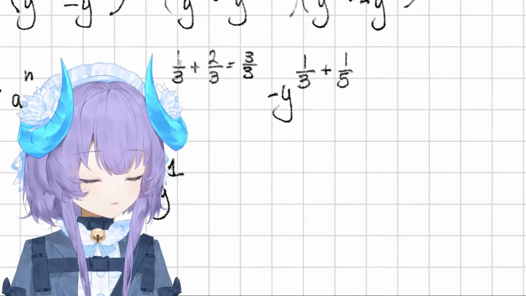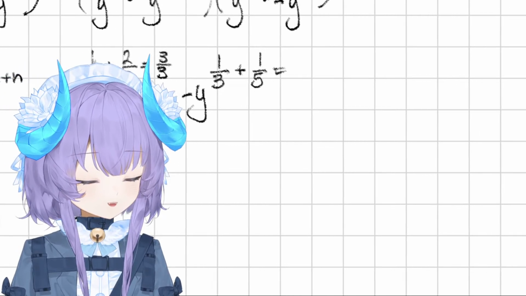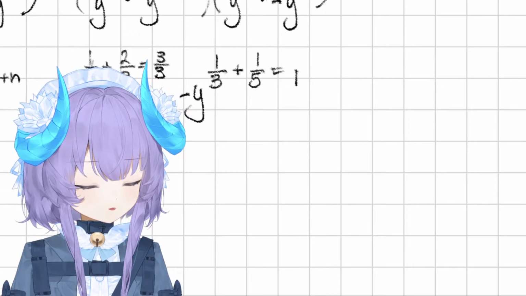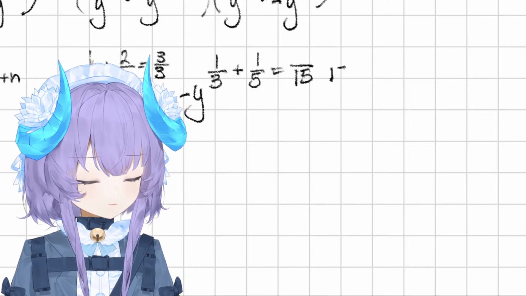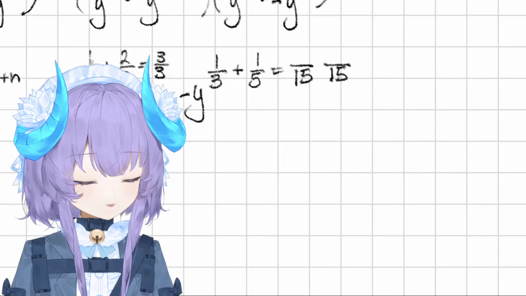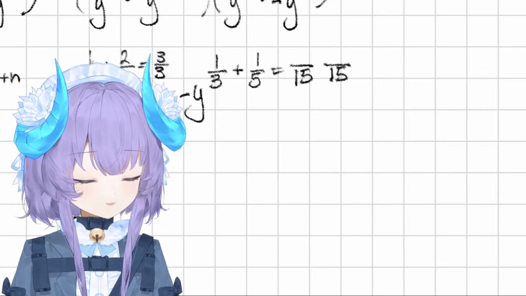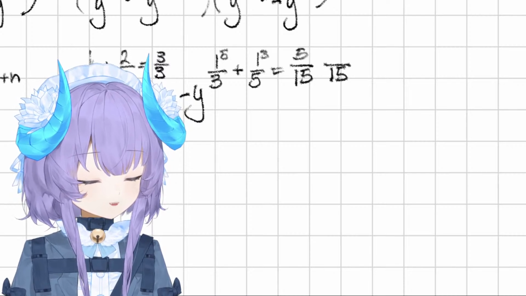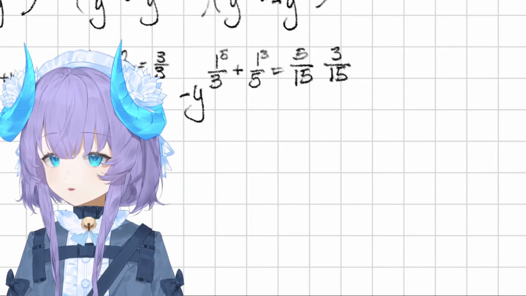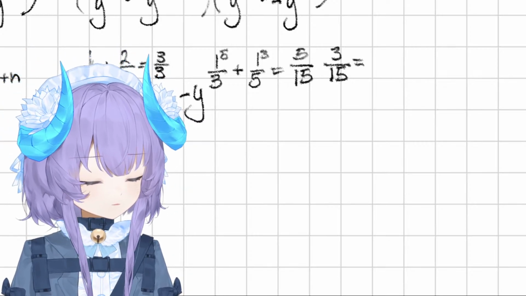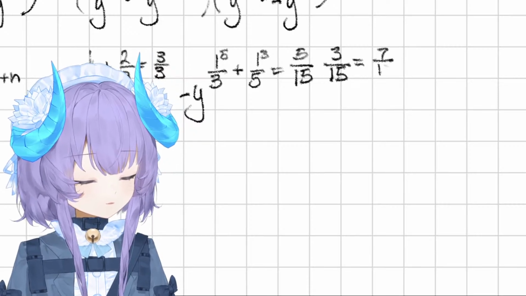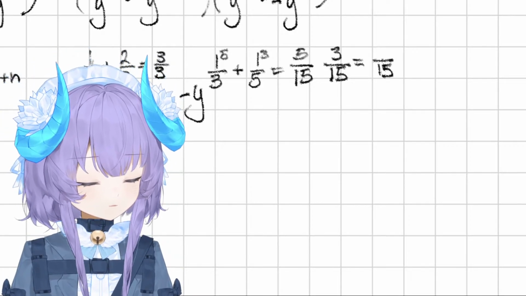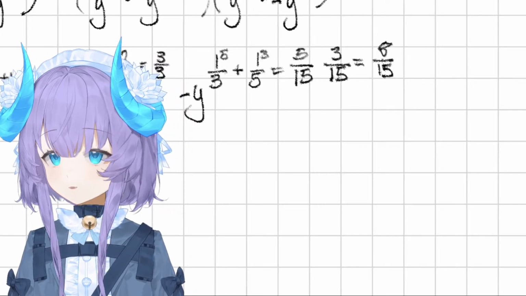These ones we do have to turn into both 5 and 15, so we have 5 and a 3, which equals 7 over 15, which I don't think can be. No, it's 8. Hold on, don't get your arithmetic wrong. It'd be 8 over 15.